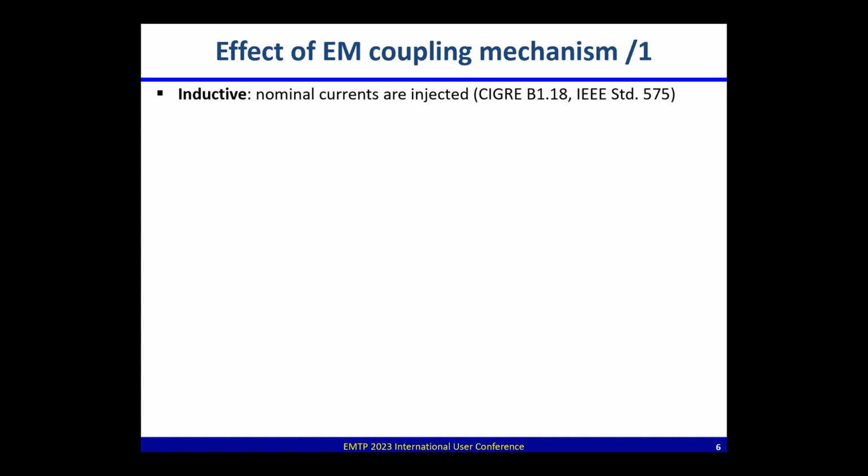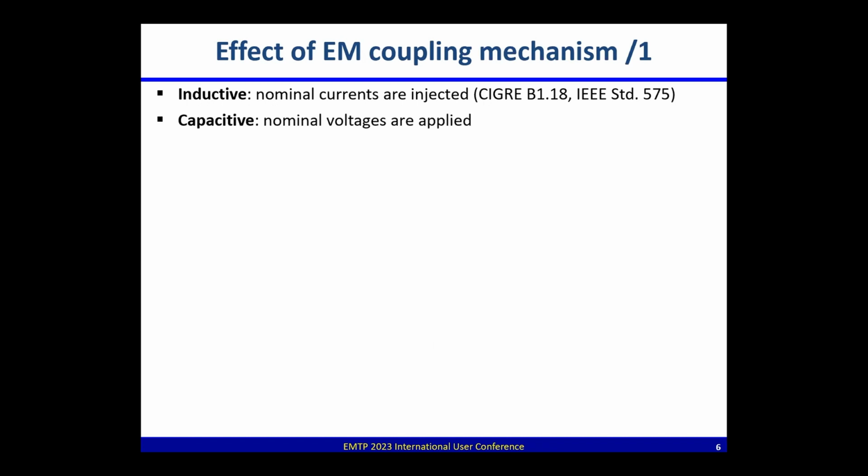This is called the inductive mechanism, where the nominal current is actually injected. And this inductive mechanism is described in the majority of the standards and technical brochures, either in CIGRE or in the IEEE, and also in the IEC standard, which deals with the current rating in underground cables.